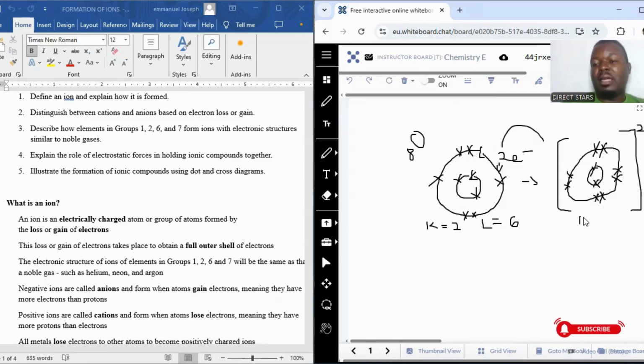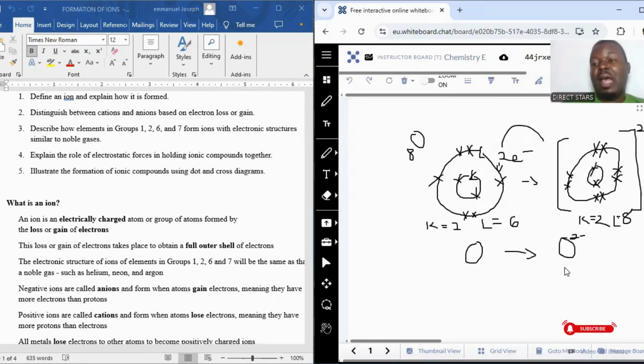K is 2 and now L equals 8. If we are to represent this symbolically, we'll just say O has changed to become O2 minus. So the 2 minus indicates that this is now an anion.